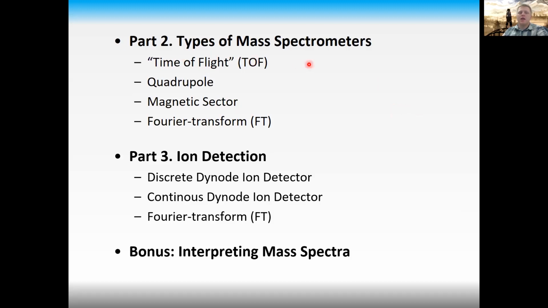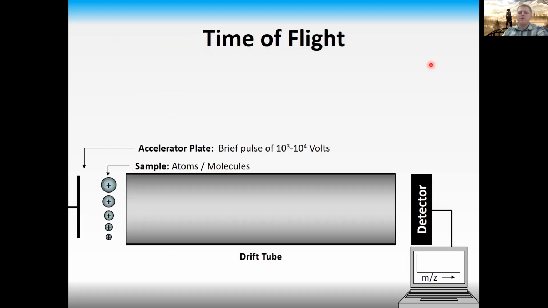So let's start with the TOF, or time of flight instrument. A time of flight instrument is actually really simple. You have a really long tube, called a drift tube, that your ions are going to fly through. You get all your ions on one side of the tube, and then you accelerate them using an accelerator plate, more commonly referred to as a pusher, that pushes the ions through the tube until they hit the detector.